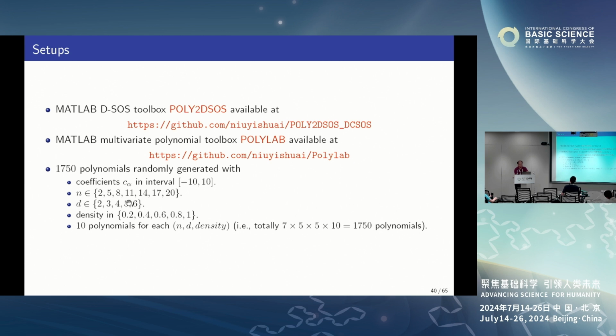In most applications we cannot handle very high degree, so the degree goes up to 6. We try to cover many applications in practice, and the density goes from very sparse, 20%, to 100%. For each setting we generate 10 polynomials and make a collection of 1,750.